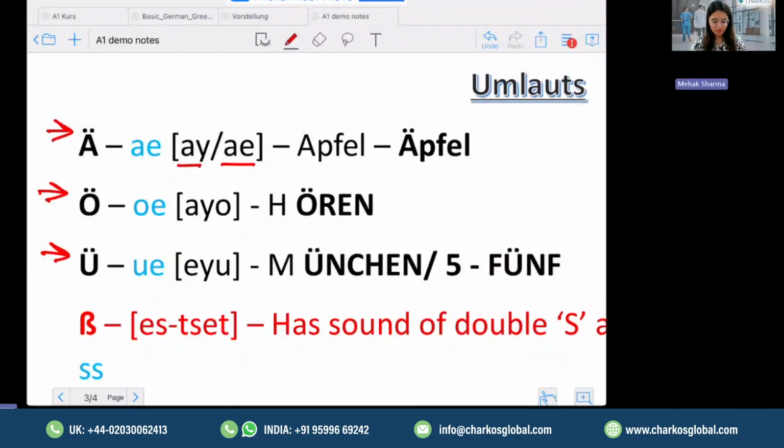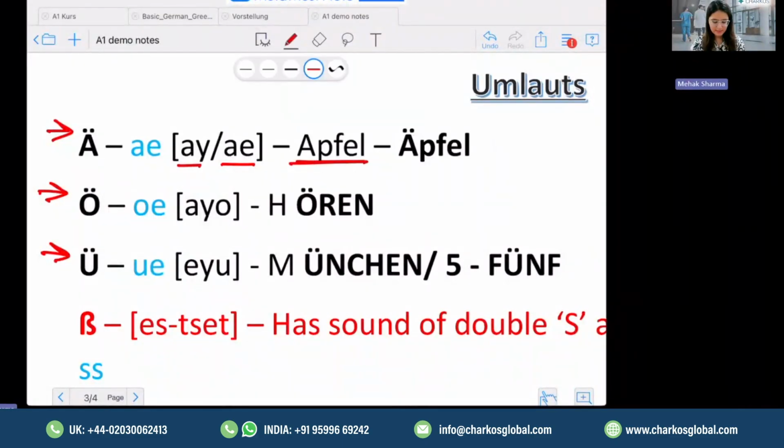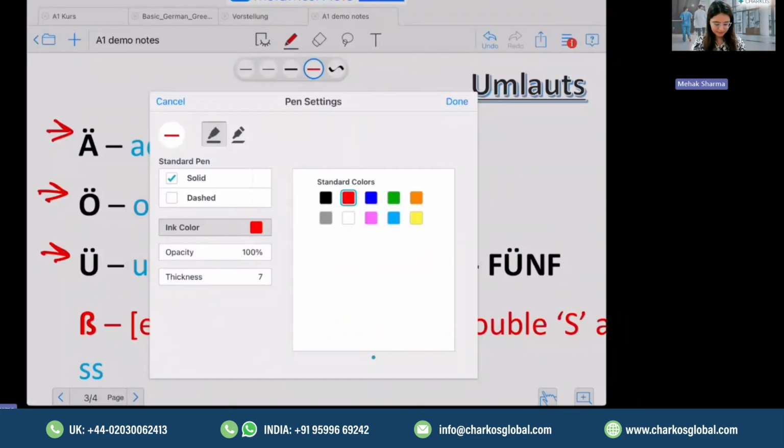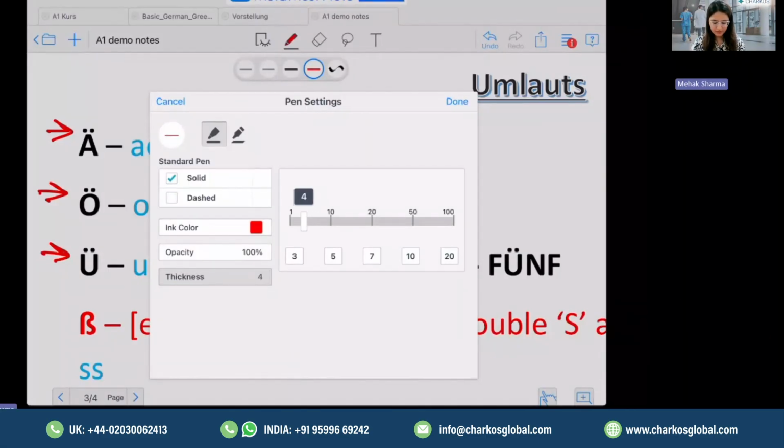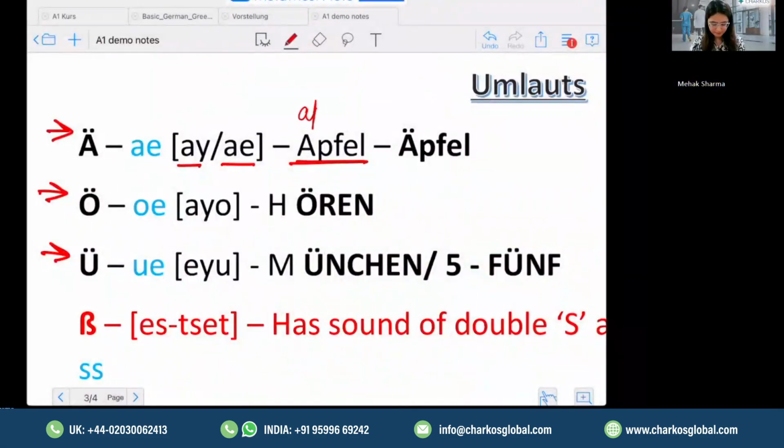Like we have here the German word Apfel. Apfel is nothing but apple. But here we don't have any umlaut. It's called Apfel because we have here normal A, right?